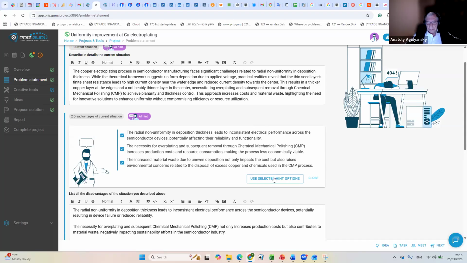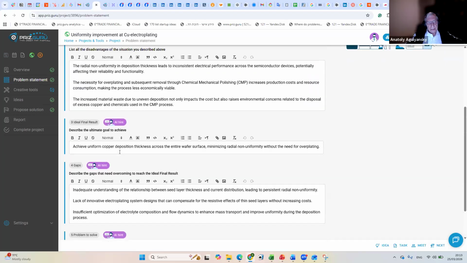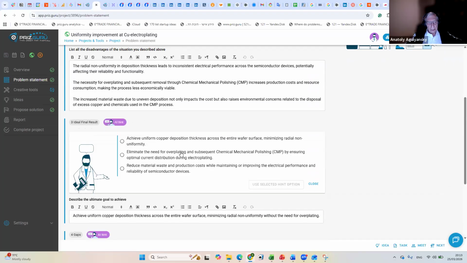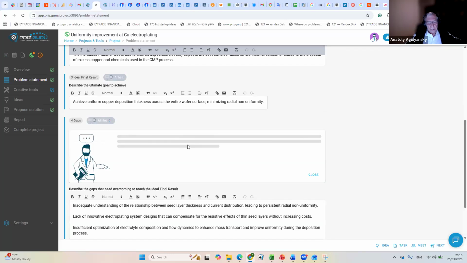Yeah, all of them are okay. And so on. The next one is the ideal final result, which is what we are going to have. So reduce material, achieve uniform copper. This is what we need. And gaps, what prevents us from this?